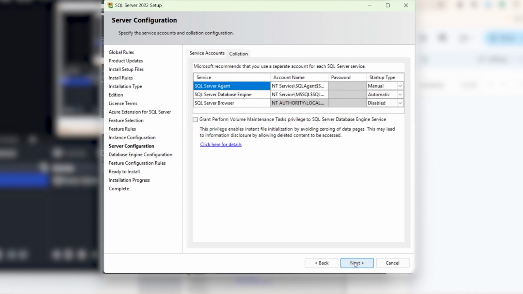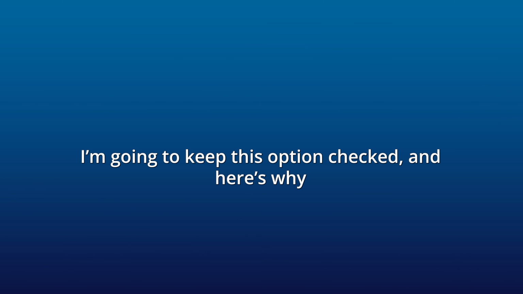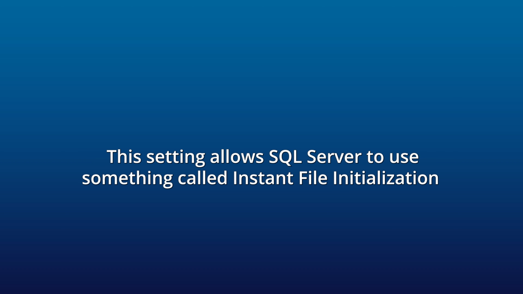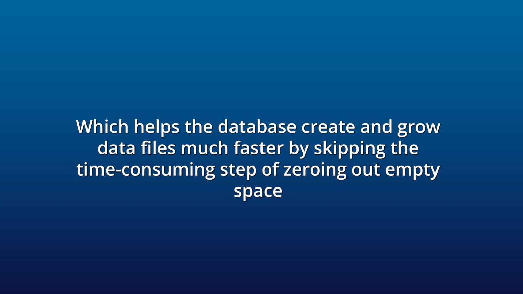In the Server Configuration section, you'll see an option called Grant Perform Volume Maintenance Task Privilege to SQL Server Database Engine Service. I'm going to keep this option checked, and here's why. This setting allows SQL Server to use something called Instant File Initialization, which helps the database create and grow data files much faster by skipping the time-consuming step of zeroing out empty space.